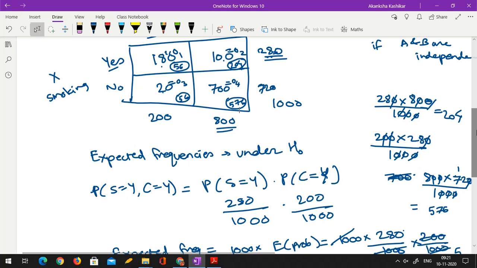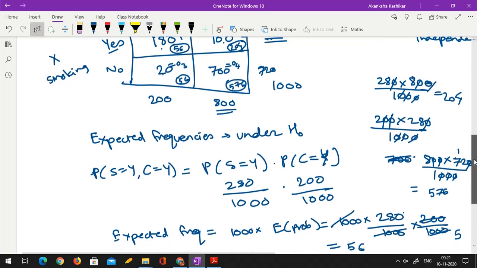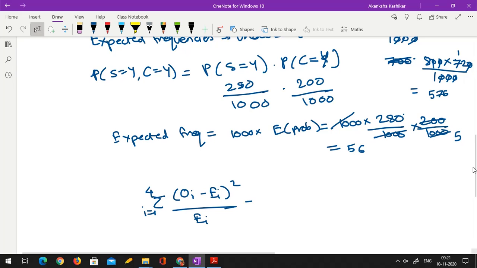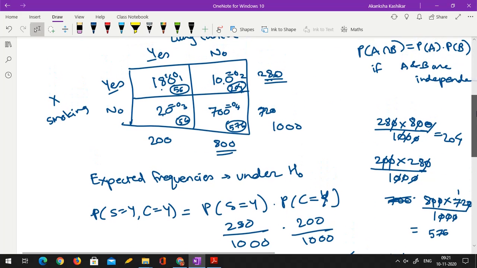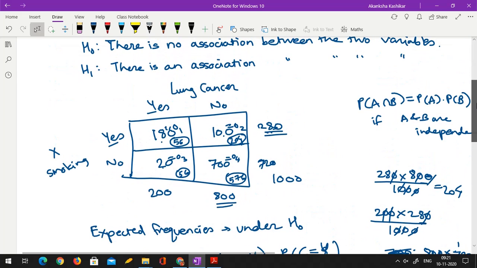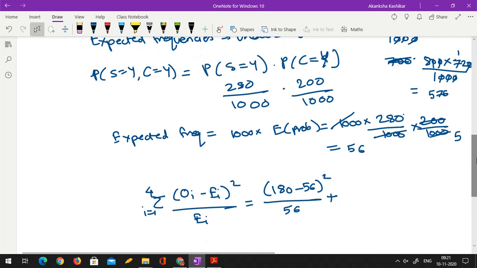Now the chi-square test statistic looks exactly similar to the earlier chi-square test statistic, that is sum over (OI minus EI) whole square divided by EI, I going from 1 to, here I have 4 cells, so 4. So let us compute that. So OI observed is 180 minus 56 in the first case. So (180 minus 56) whole square divided by 56 plus 100 minus 204 in the next cell.